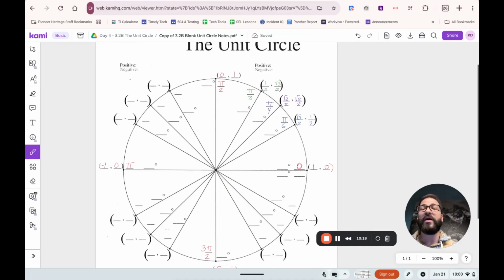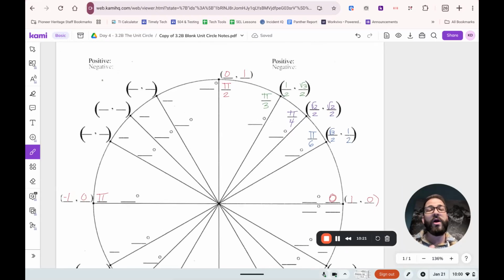So let's start with our 45, or our pi over 4 angle. So here in quadrant 1, you can grab your pi over 4 triangle. It was pi over 4, and it was positive root 2 over 2 and positive root 2 over 2. But if I take that triangle and I reflect it across the y-axis over here, it's still a pi over 4 triangle. So this radian measure right here should be something over 4.